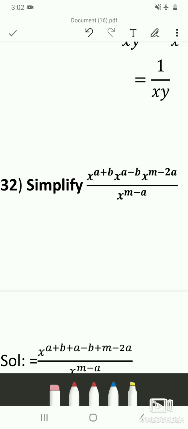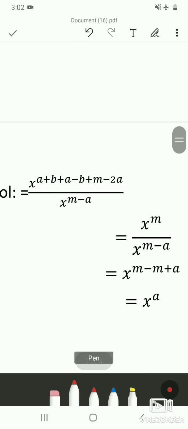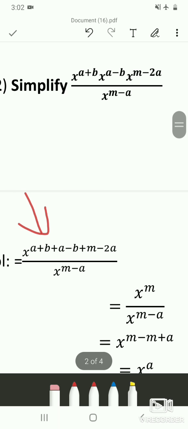The second problem is simplify x raised to a plus b into x raised to a minus b into x raised to m minus 2a whole divided by x raised to m minus a. So here in the first step we have used the first law, that is when the base is same we can add the power, that is a raised to m into a raised to n can be written as a raised to m plus n.